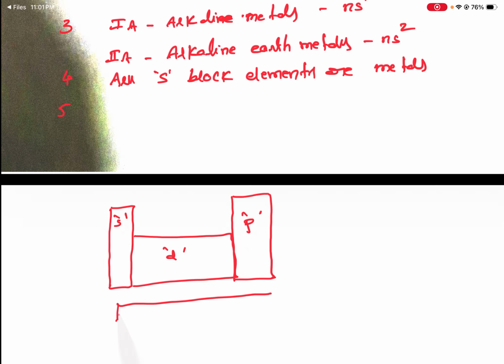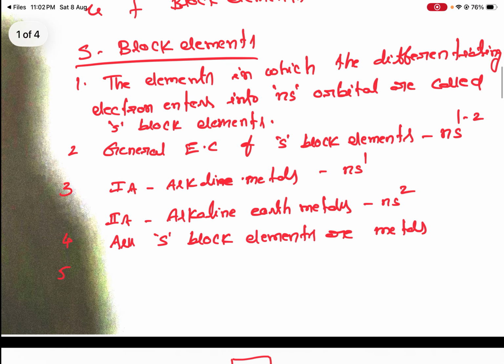At the bottom, F block elements are present. What is the position of the S block elements? S block elements are present on the left side of the periodic table.